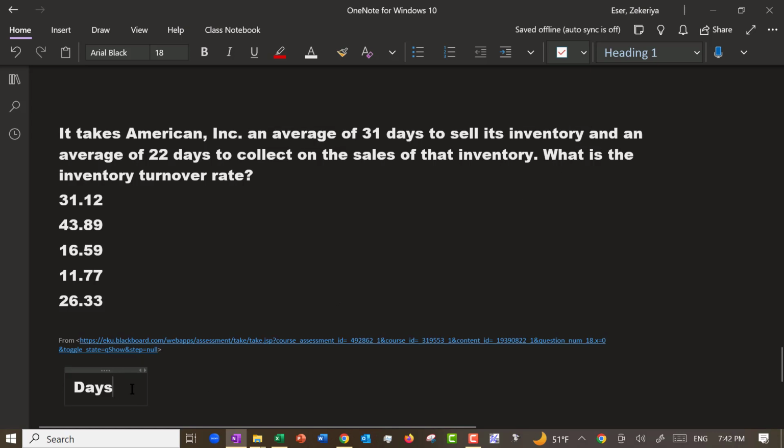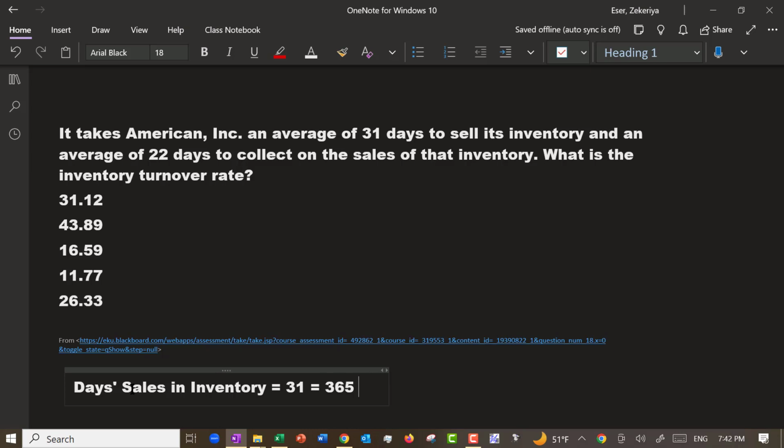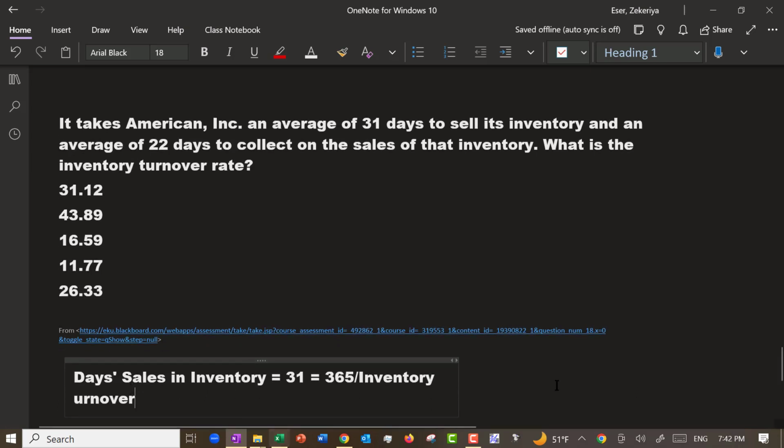That first number is days sales in inventory. That's 31. Okay? But we know the definition. It's 365 divided by inventory turnover rate. Just turnover.